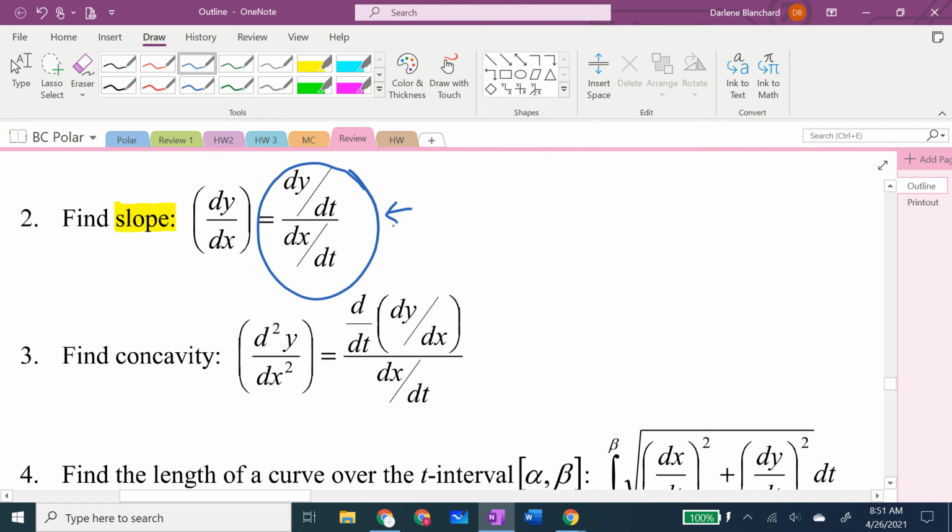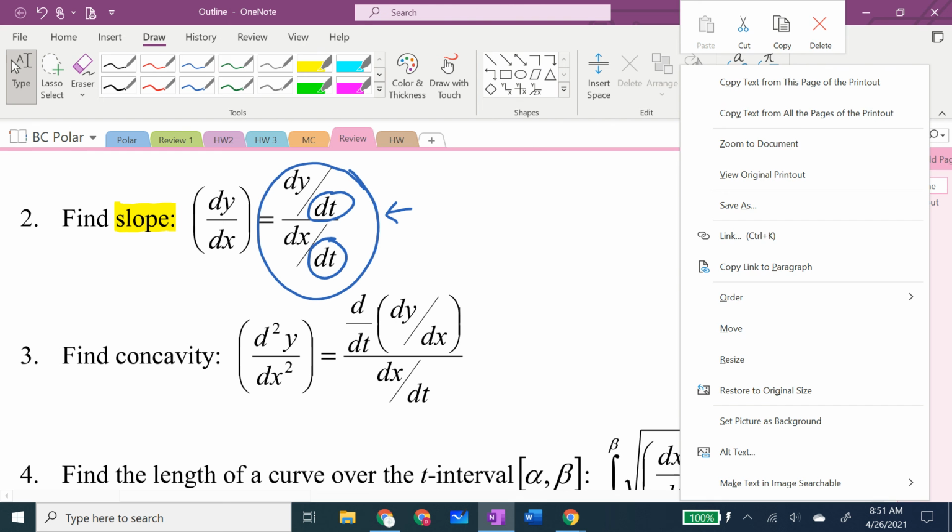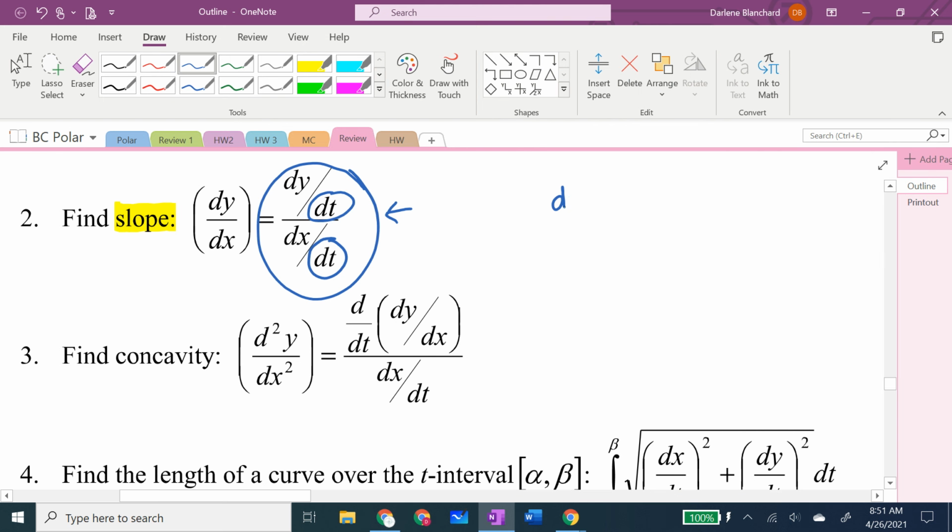When you find the first derivative of y with respect to x, the with respect to t's cancel each other out because you have two equations with respect to t. But once you have dy/dx, you have one single function with respect to time. I'm just going to put h of t to represent whatever function that is with respect to time.